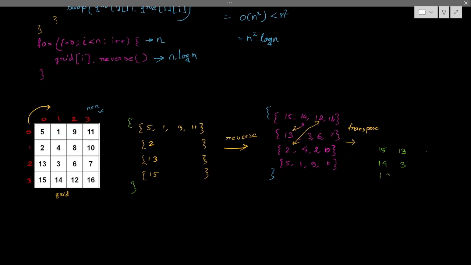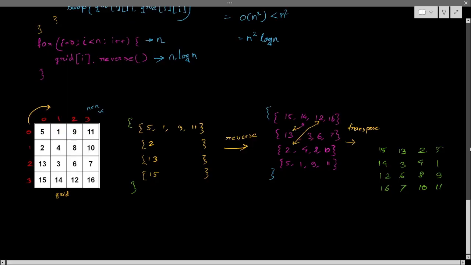Right now you know how to do the transpose, so this is the thing I'm doing, simply transposing. Then 13, 3, 6, 7, then 2, 4, 8, 10, and 5, 1, 9, 11. So this is the transpose.